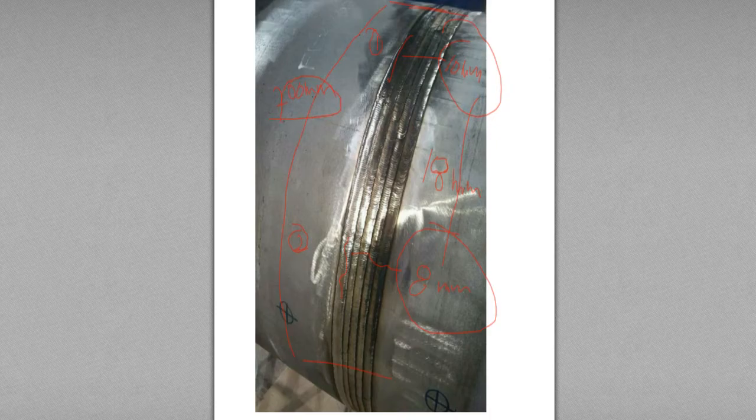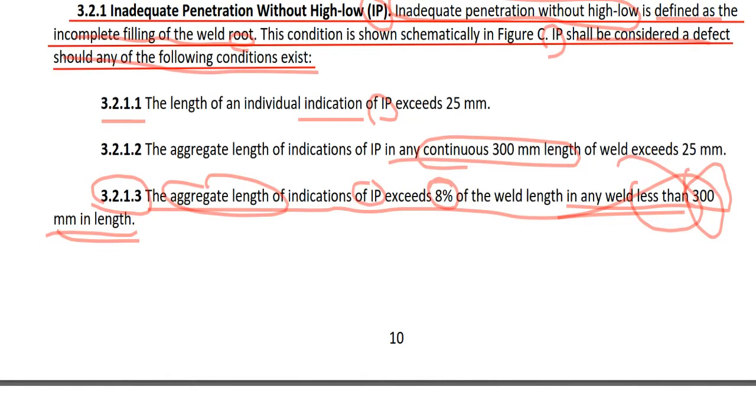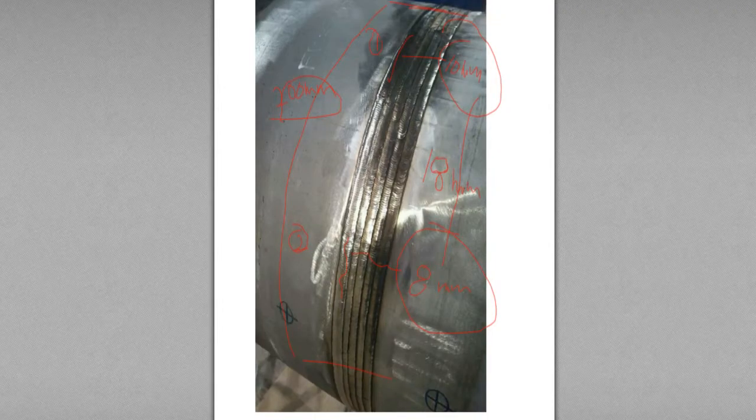But the condition here says 8% of the weld length. So 200 times 8%, which is 200 times 0.08, which is 16 millimeter.